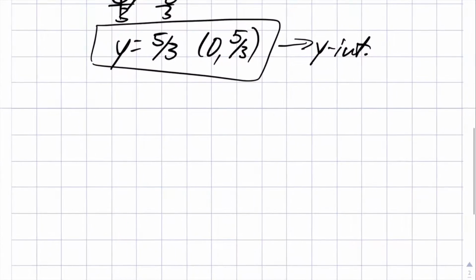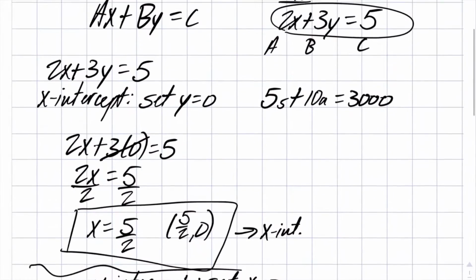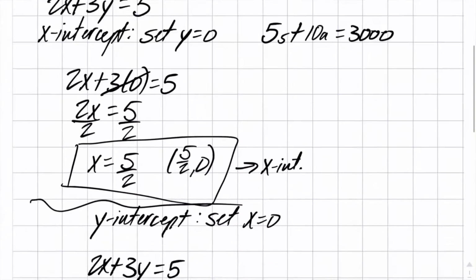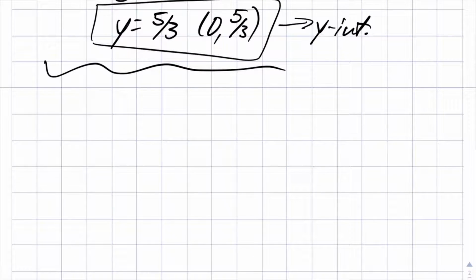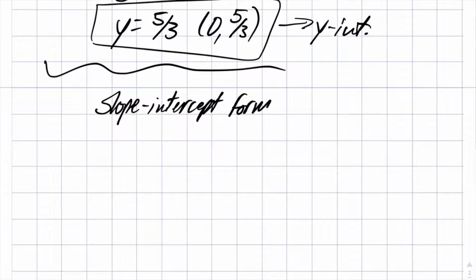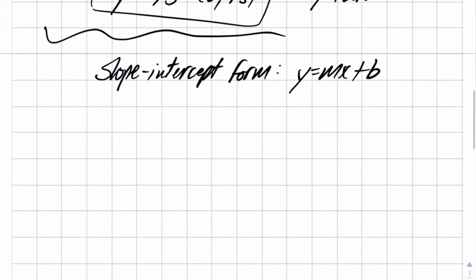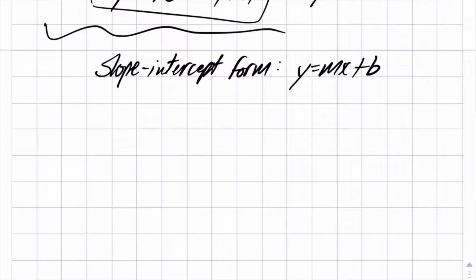Okay, so now what we're going to do is the same thing with slope-intercept form. Slope-intercept form looks like this: y equals mx plus b, where m and b are real numbers.